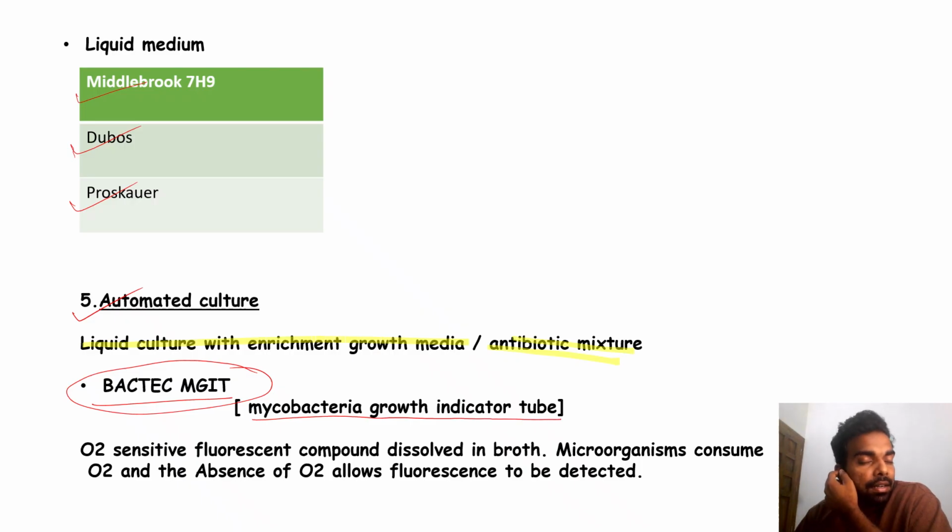That means it uses some kind of indicator to know that mycobacteria are growing inside. Here we use an O2 sensitive fluorescent compound dissolved in the broth. So when the mycobacteria consume the oxygen, as they require oxygen to grow, there's no more oxygen detected inside the medium. It allows the fluorescence to be detected.